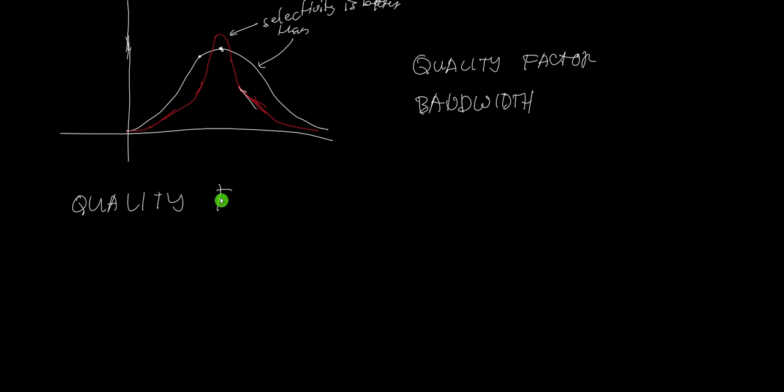Quality factor. We can just simply write Q factor, or simply Q. Some books just only use Q. Q is defined as equal to 2 pi times the peak energy.